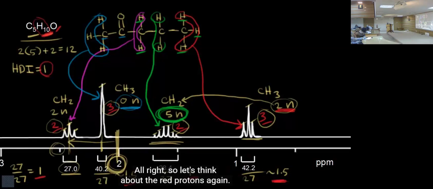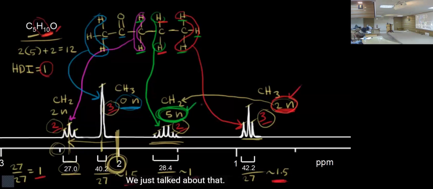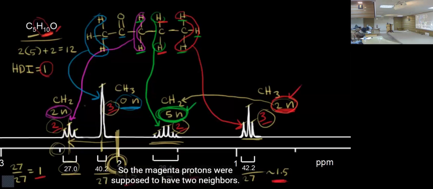All right, so let's think about the red protons again. The red protons are supposed to have 2 neighbors. So how many neighbors do the red protons have? Here's 1 and here's 2. So this makes sense. We just talked about that. Let's think about the magenta protons. The magenta protons were supposed to have 2 neighbors. So let's look at the carbon next door.